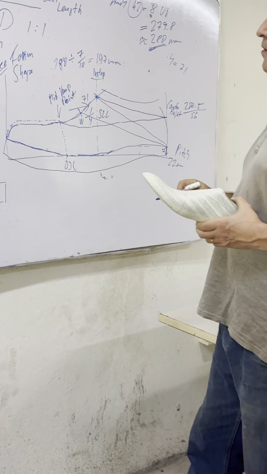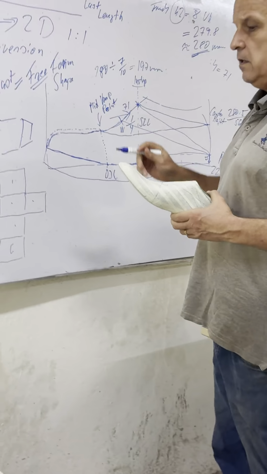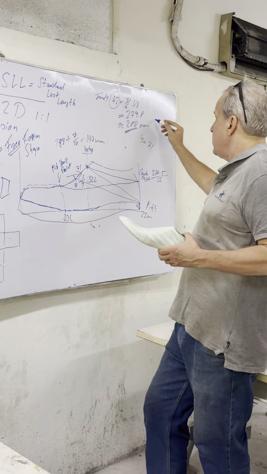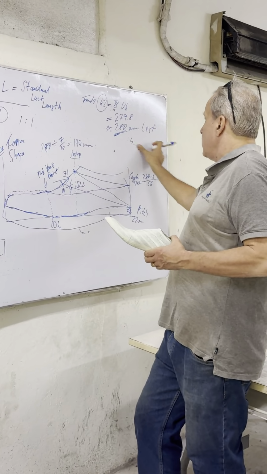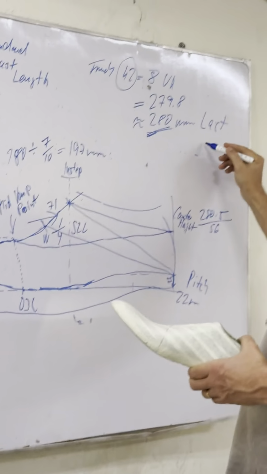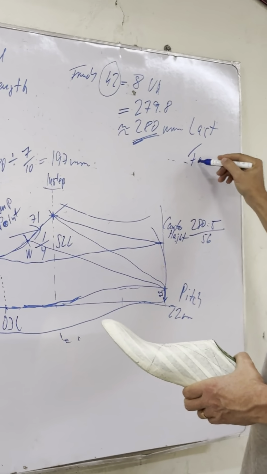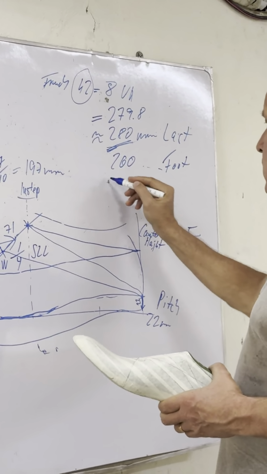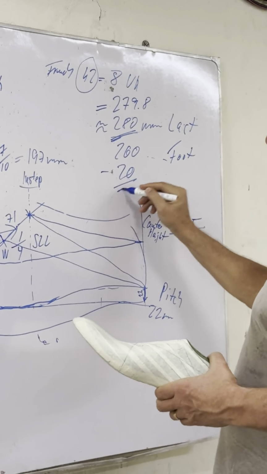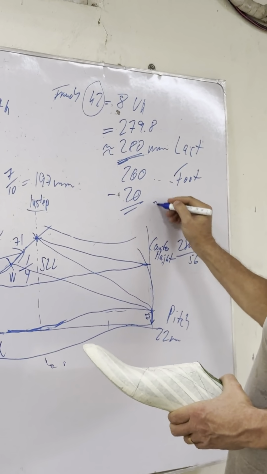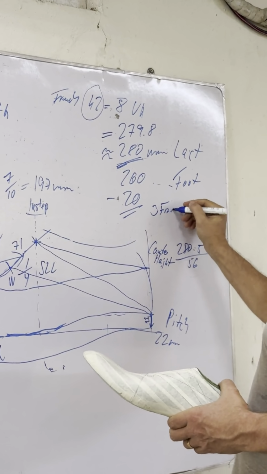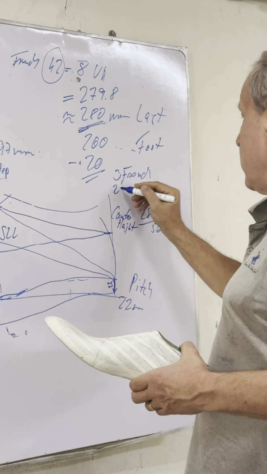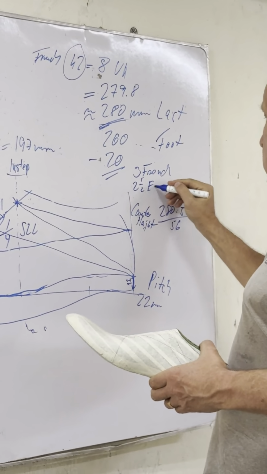A general basic rule is that for 280 millimeter last length, the foot is 260 millimeter, minus 20, or we can say 3 French size or 2.5 English size.